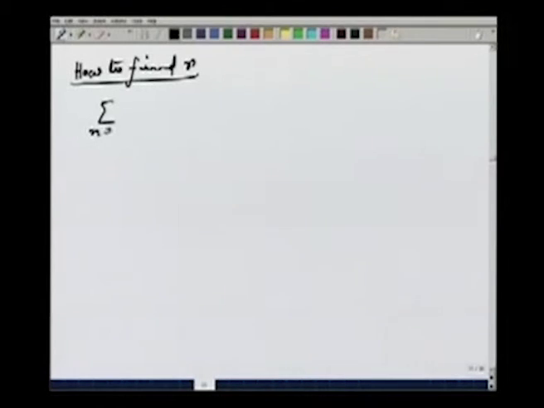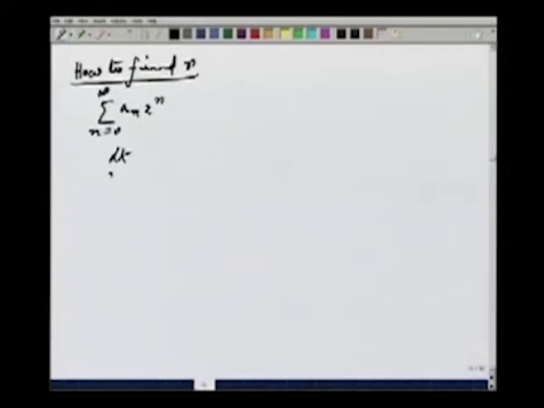So I look at the series summation n from 0 to infinity a n x to the power n. The idea is just to use somehow the ratio test. So I look at the quantity, limit n going to infinity, modulus of a n plus 1 x to the power n plus 1 divided by a n x to the power n.